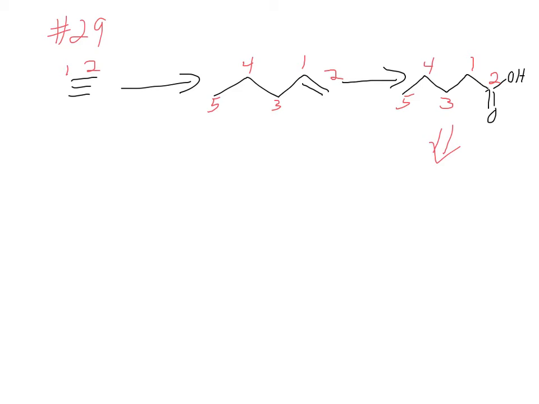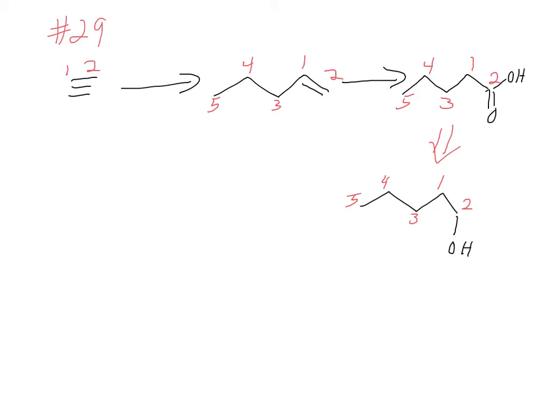So what's the start material? It would be alcohol. What kind of alcohol? A primary. And work on which carbon? Carbon 2. Perfect. Don't lose carbons. 5, 4, 3, 1, 2.